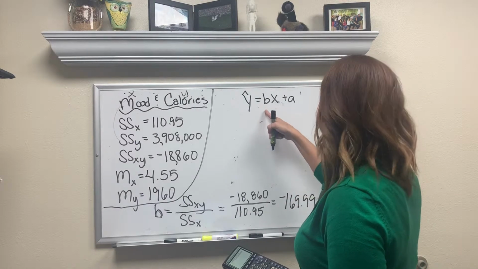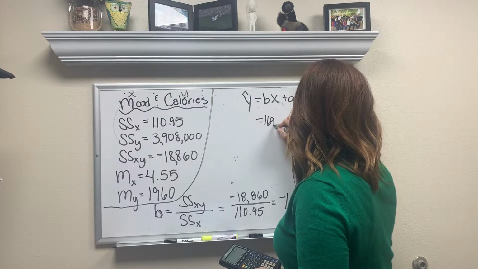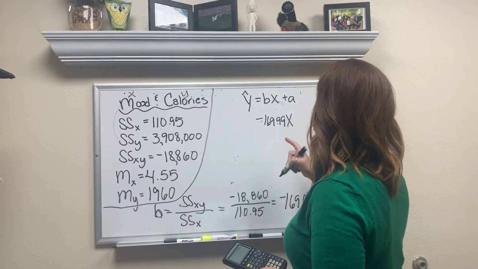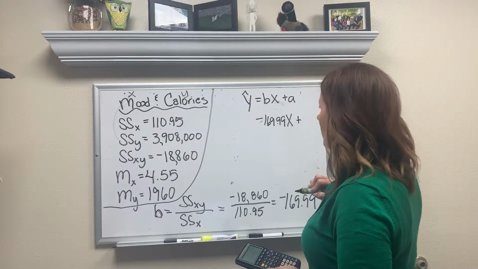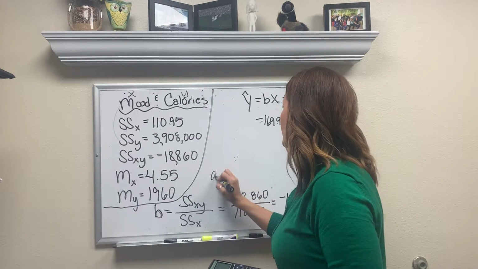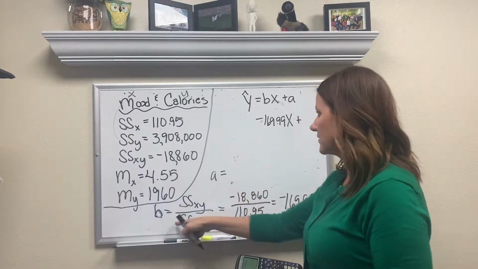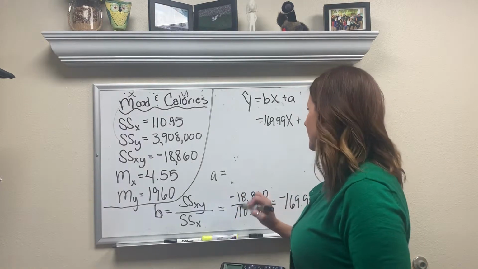So I can plug that here, negative 169.99x. So we have that portion, plus now we need our constant. To get the constant, that's where we need the means, and we also need the slope. So we need to get our slope before we can even get our constant.